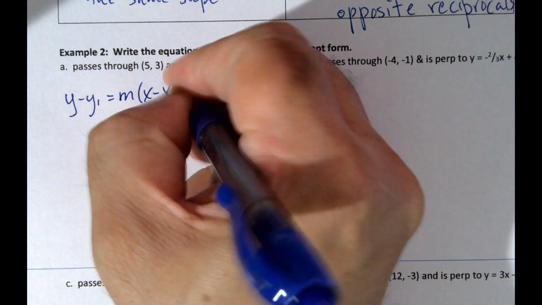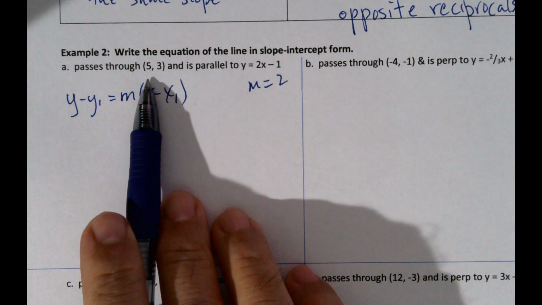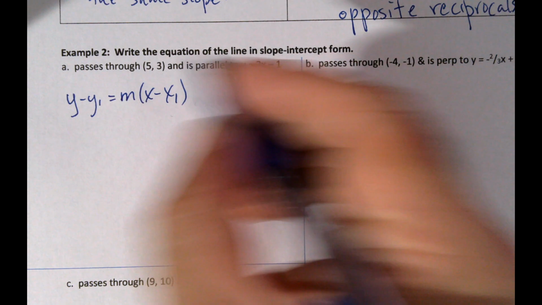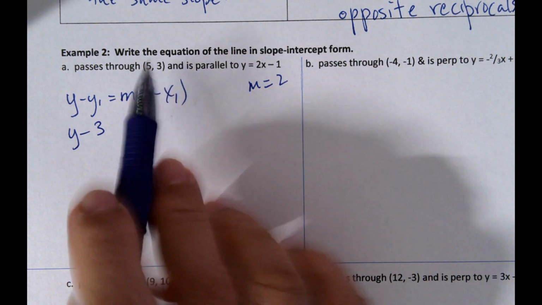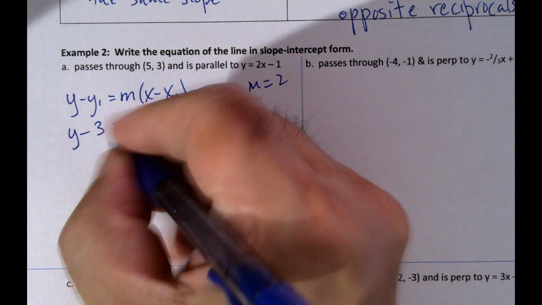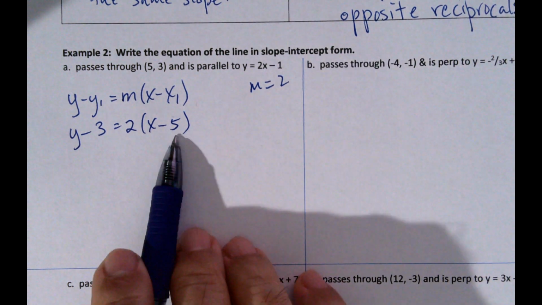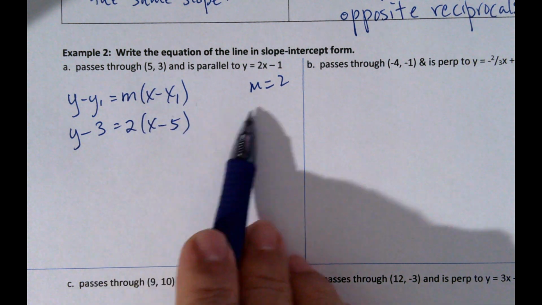That's from yesterday's lesson, and we're going to fill it in with this point and this slope. So that's going to be y minus 3, that's the y value, equals, the slope is 2, x minus 5. 5 comes from the x value up here. M is the slope over here.